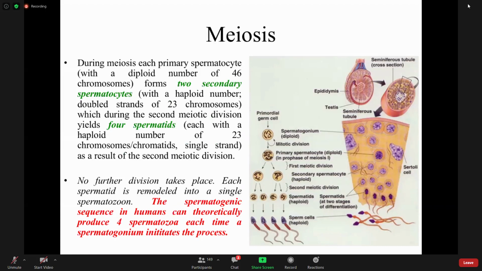By the end of the second meiotic division, it gives me 4 spermatids of a single strand of 23 chromosomes. Eventually, one of these spermatozoa, among the millions produced by this germ cell line, is going to fuse with the nucleus of the ovum to give me the zygote.